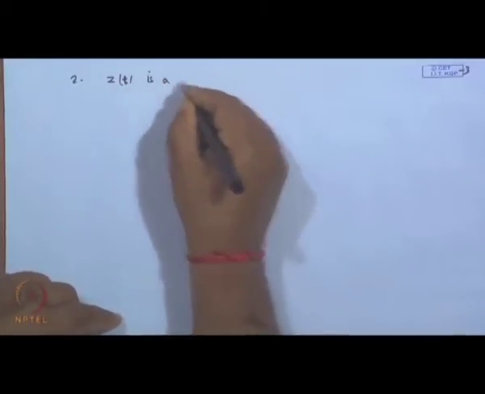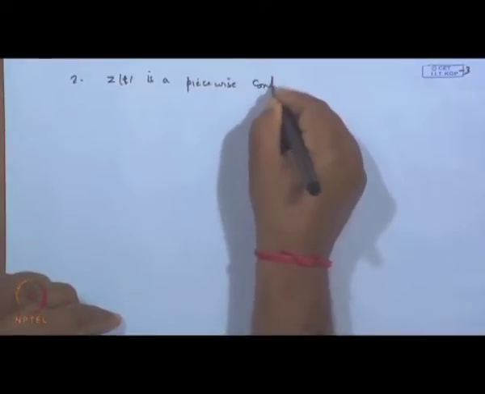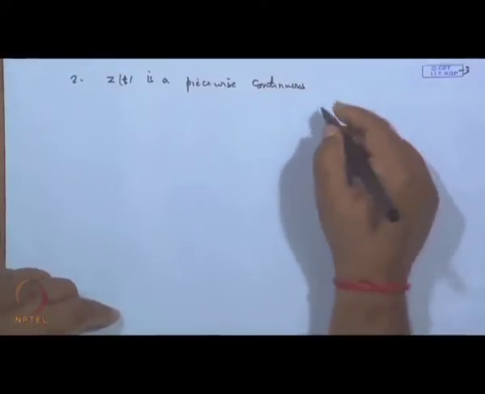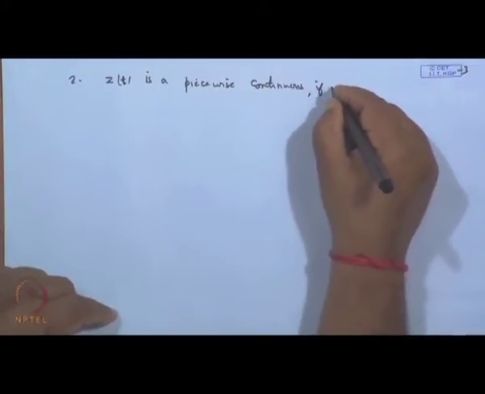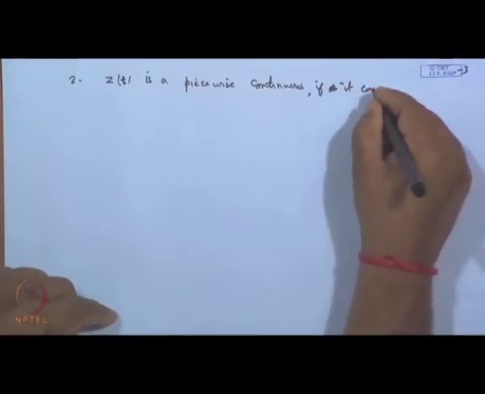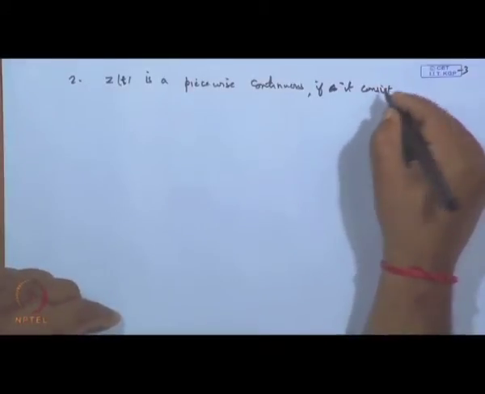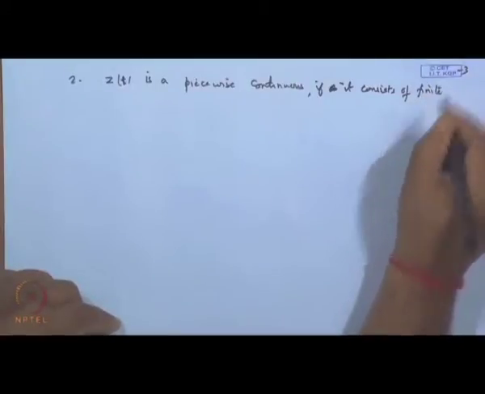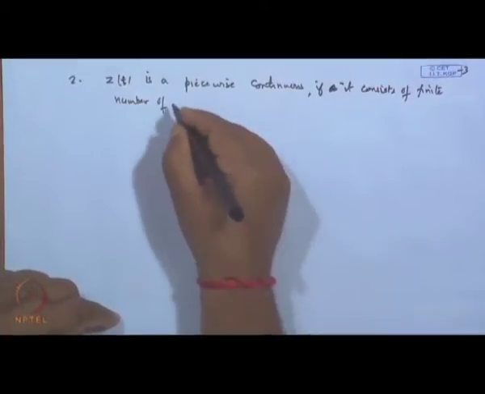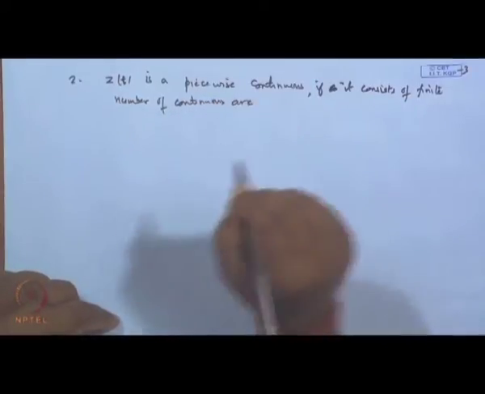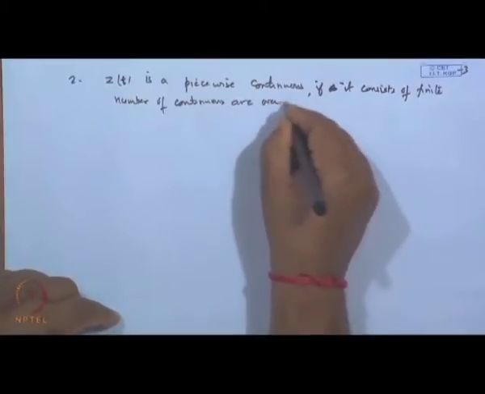A curve is said to be piecewise continuous, the second point: the curve z(t) is piecewise continuous if it consists of a finite number of continuous arcs over the interval [a, b].